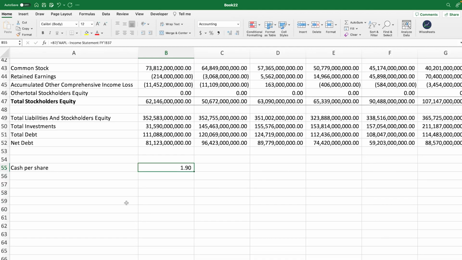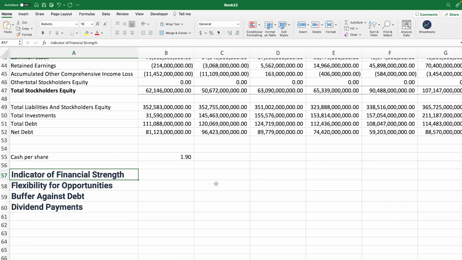And as you can see, in this case, the cash per share of the company would be 1.90. This means that for every share that the company has outstanding, the company has $1.90 that it can spend, or it can invest in anything that it wants. This is money that is just cash that the company holds.